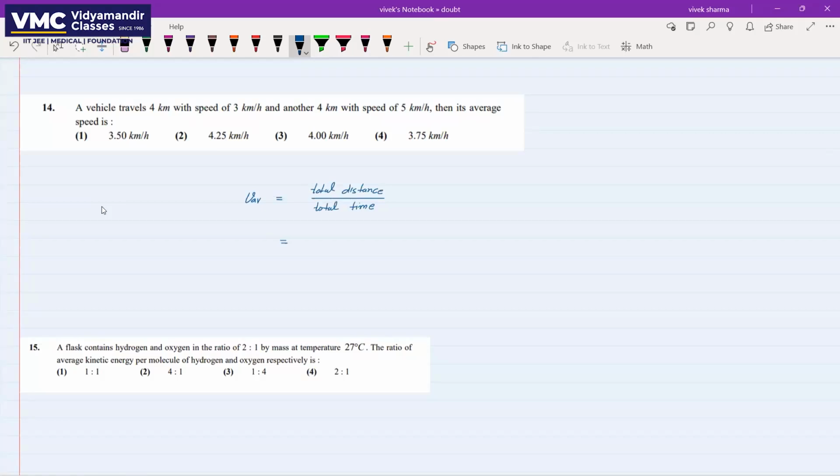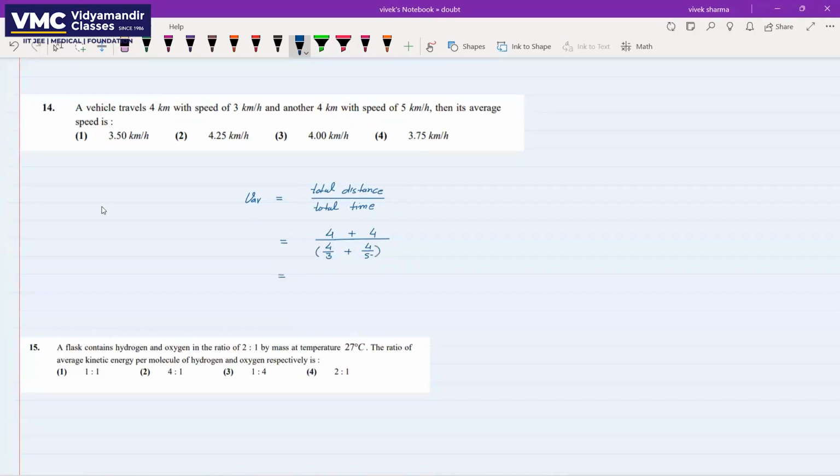Total distance is 4 kilometer plus 4 kilometer, divided by total time. For the first 4 kilometer it is moving with 3 kilometer per hour, so time will be 4 by 3, plus the next 4 kilometer it is traveling with 5 kilometer per hour and time will be 4 by 5.